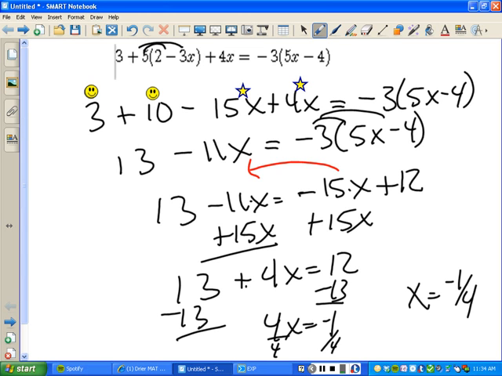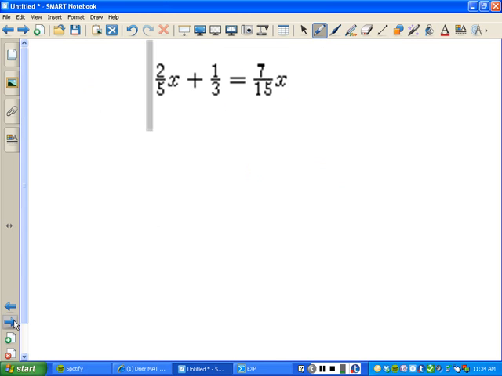Okay. All right. So, number 2. The fractions. Now, in order to handle fractions, we're going to multiply through by the common denominator. In this case, the common denominator is 15. So we're going to multiply by 15. And 12 is the new 15. 15 here, and 15 here.